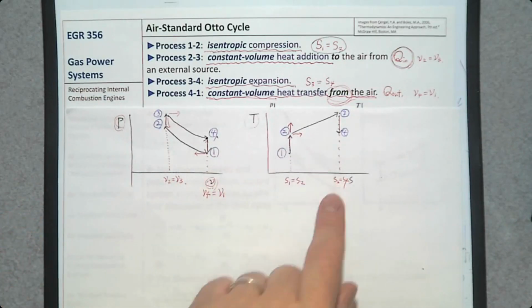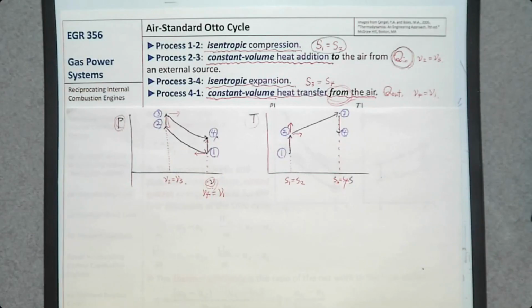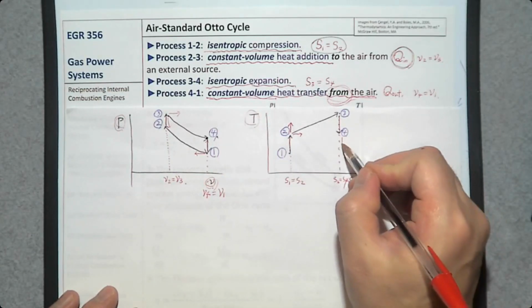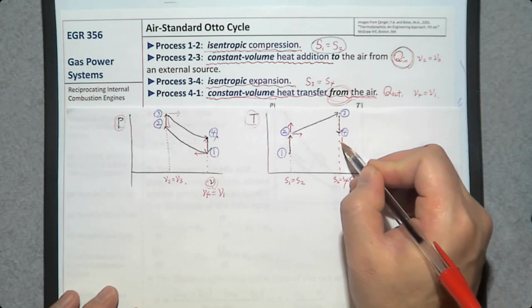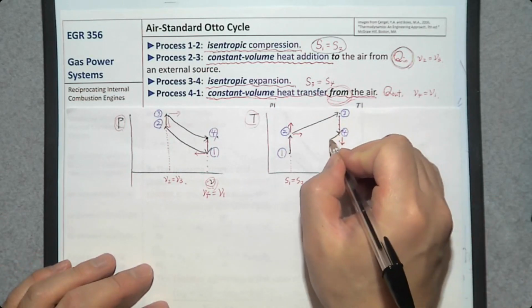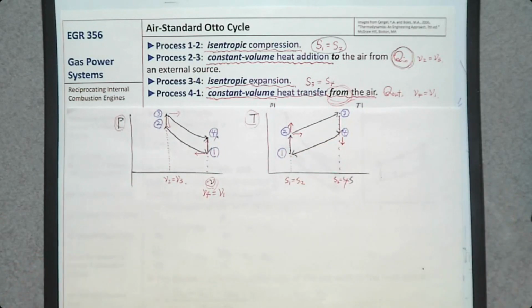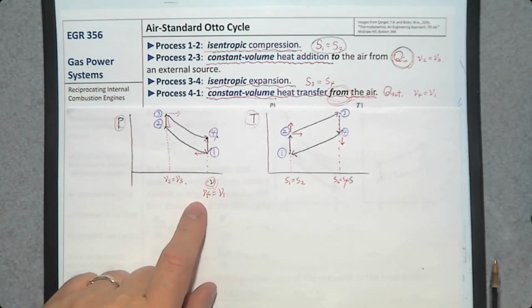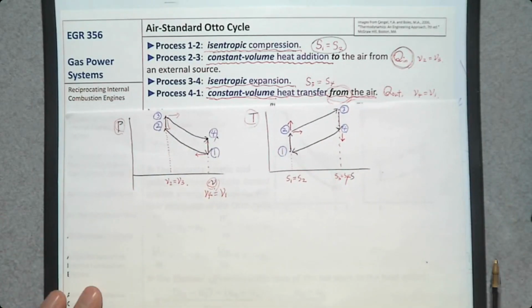And on this TS diagram, heat is removed, therefore temperature goes down, and heat is a waste form of energy. So when you remove heat, entropy goes down. So this way. So there's the PV diagram and TS diagram.